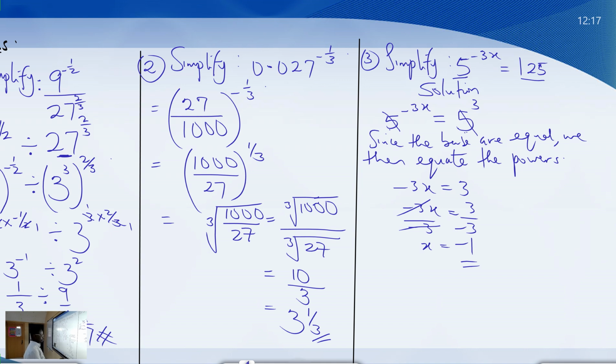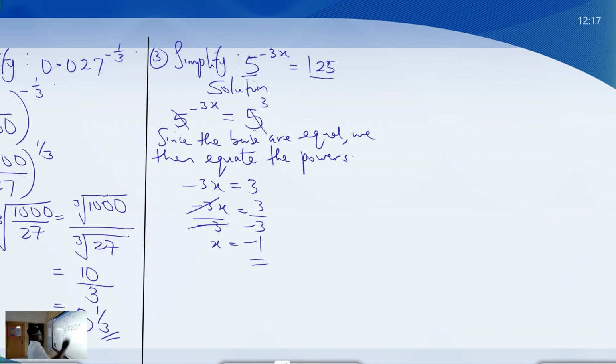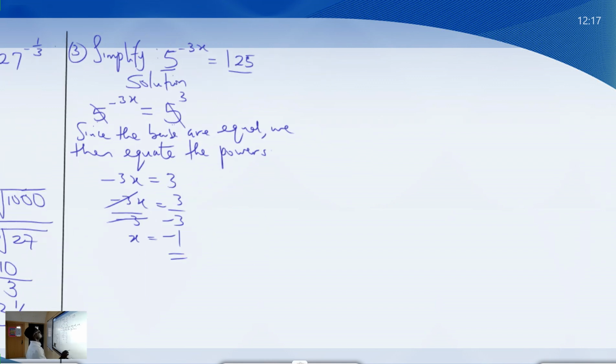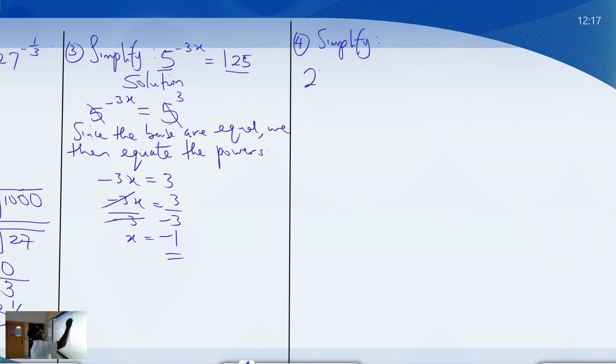So let's look at one more example before we call it a day. Let's look at one more example. Okay. We have example 4. Simplify 27 raised to power 2x plus 1 equals 3 raised to power x minus 1.